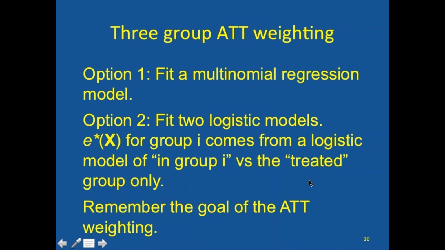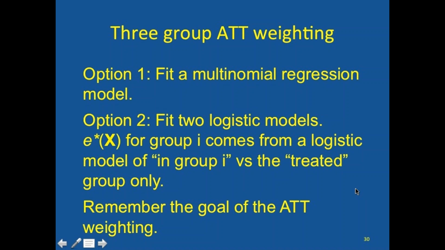Then we don't need to fit a model for A to get their weights because they all just get a weight of 1. But now we need weights for B. To get the weights for B, we just need a model of B to A. So B versus A gives us our weights for B, and our weights for C come from just fitting C versus A. Because both of those logistic models, when we do the weights, as we've described, will just morph the covariate distribution to A. Okay.